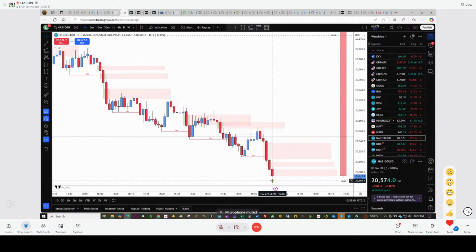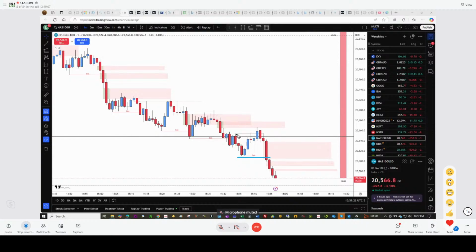I'm getting a pullback on Bitcoin, but not a big one. I've got some pretty good fair value gaps on my 1 minute chart of NAS, but one real big one and two smaller ones. This was a nice trick on their part because it looked like we were good. We got the sweep, and we come back up.